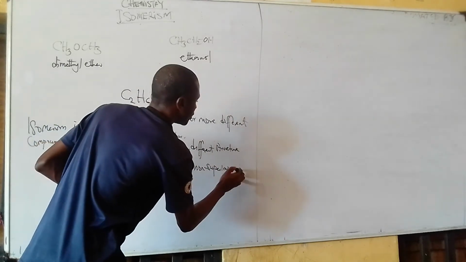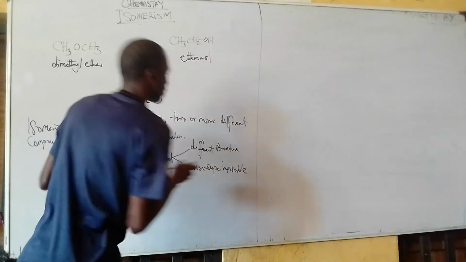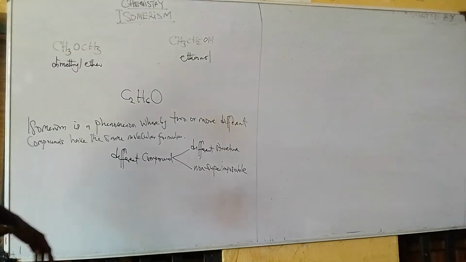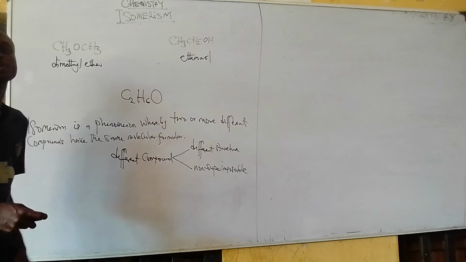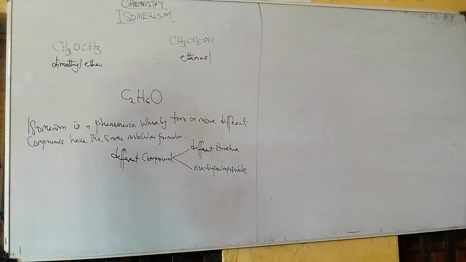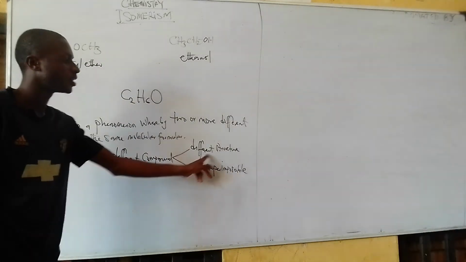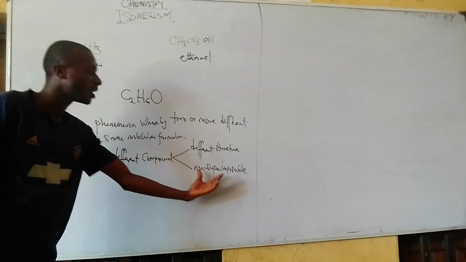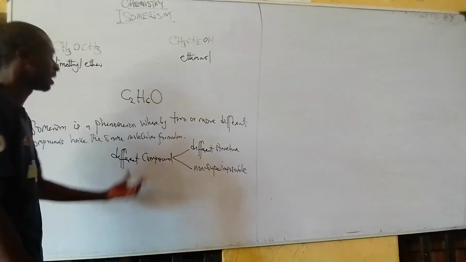If 2 compounds have different structure, they are different compounds. If 2 or more compounds are non-superimposable, they are different compounds.